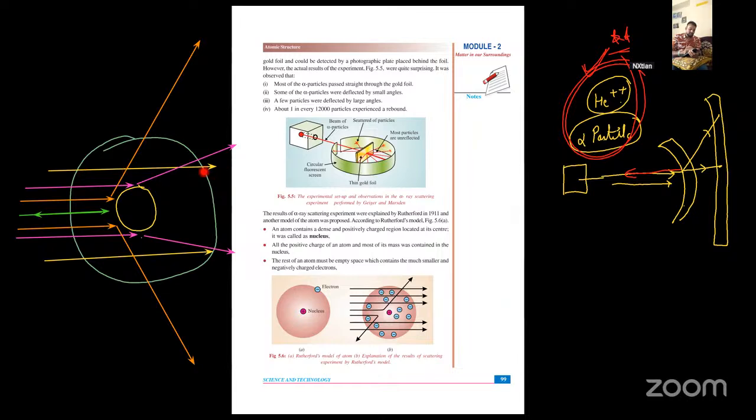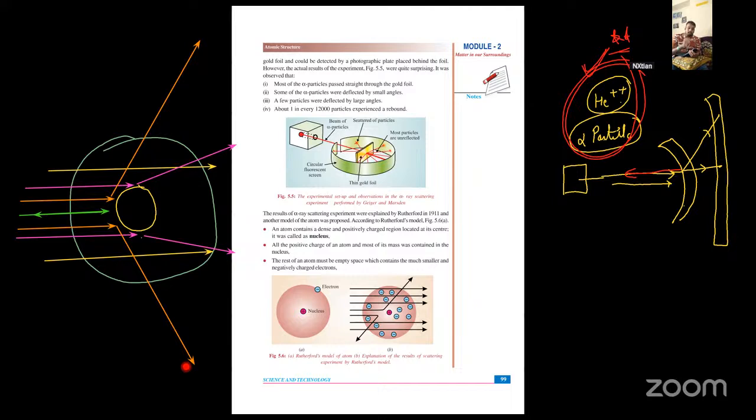The yellow lines are there when it is not hitting the center part, it's going straight. But when it goes near the center part, it deviates with a small angle. But when it is about to hit the nucleus, it deviates to a great angle.